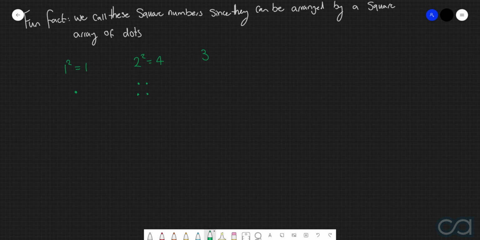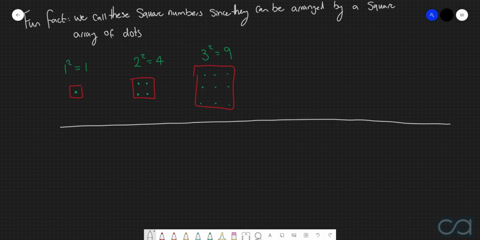And then furthermore, we've got 3 squared, which is of course equal to 9, which can also be represented as a square, which is 3 dots by 3 dots. And so we can see that in all three of these situations, these dots have been arranged into squares, hence the name square numbers. Now, with that being said, let's get into a few example questions about how we can use square numbers.